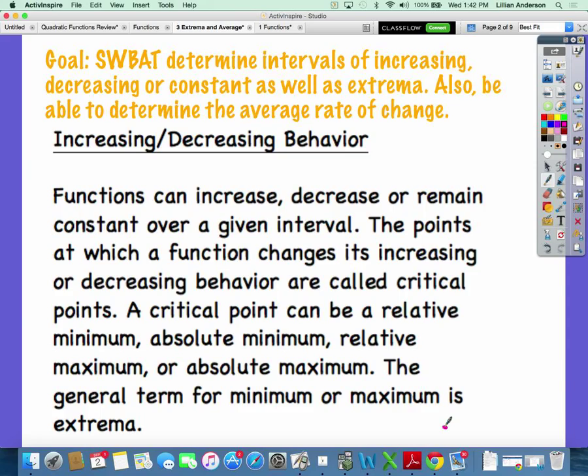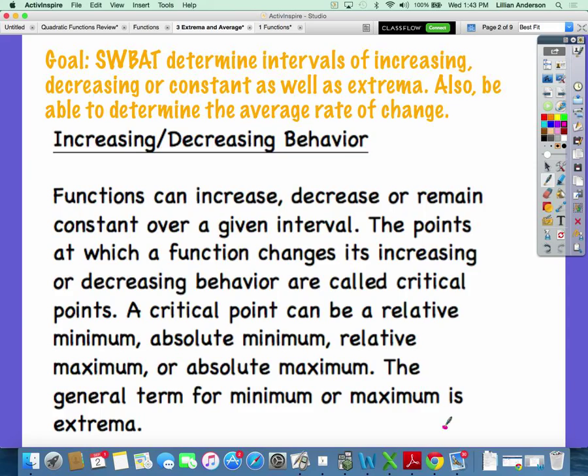Okay, that's absolute. Looking at this makeshift drawing I did over here on the board, do you see any absolute maximums? Okay, where? The right maximum, right here. And it's an absolute max because, again, it's the highest point on any part of this curve.